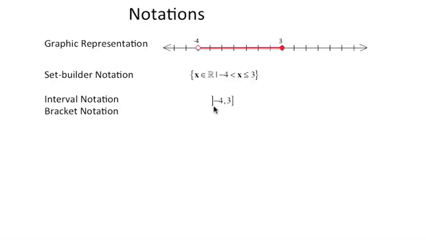I always think of this bracket as the rejecto bracket. I reject you. And this is the accepto bracket, saying, 3, we accept you. You're included. You're one of us. We like you. So the 3 is accepted, and the -4 is rejected.